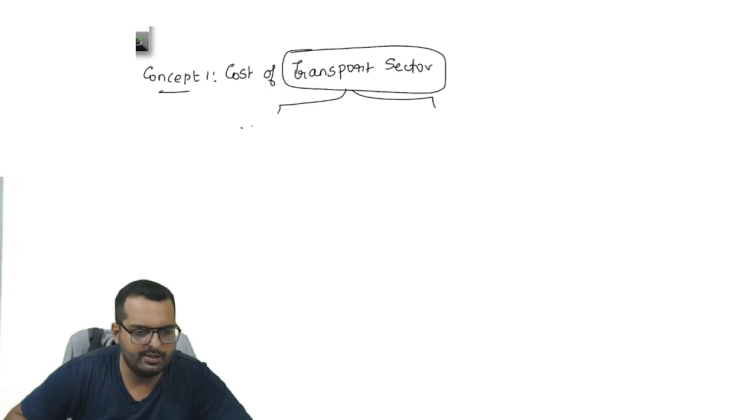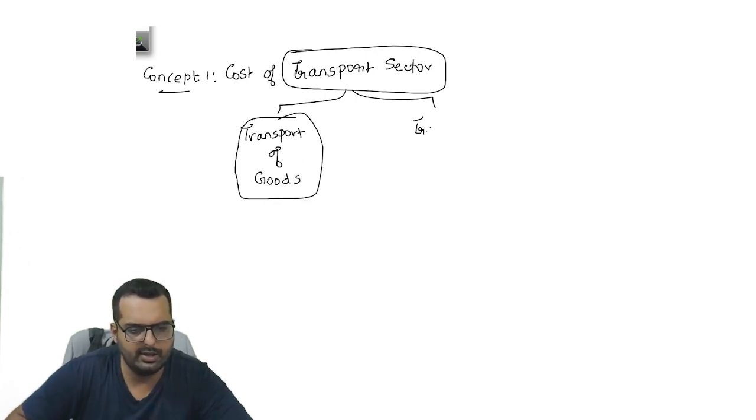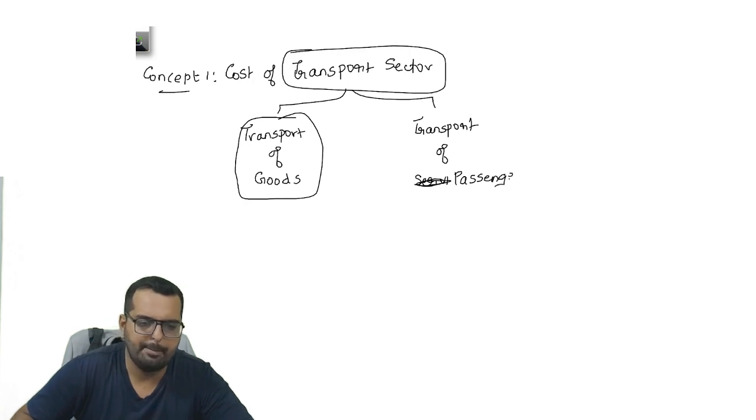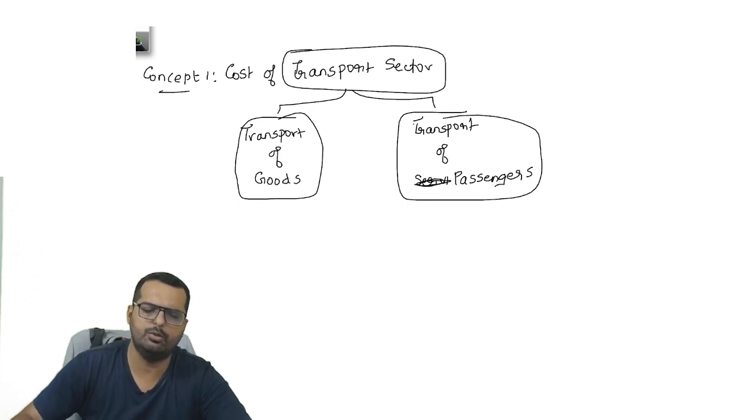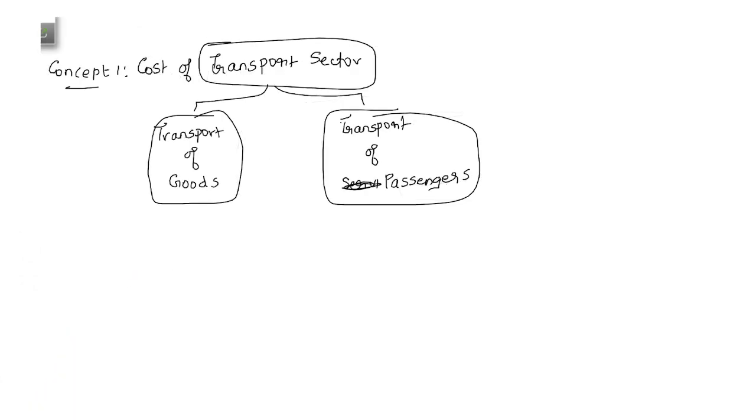Okay, one is transport of goods and the other one is transport of passengers. Okay, so we will do passenger first, then we will do the goods one. Can you draw this chart in your books now?